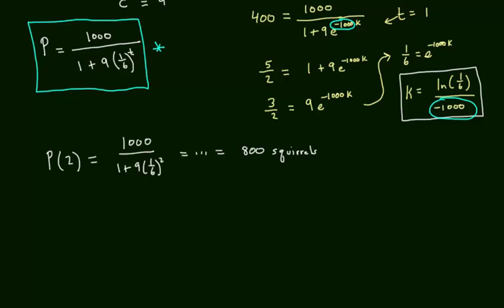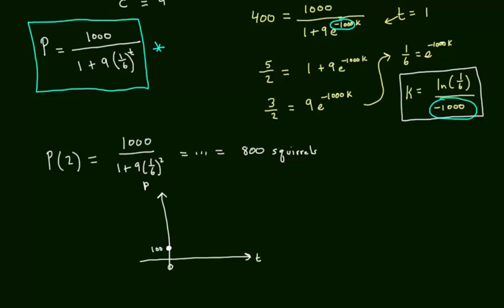Isn't that awesome? I'm going to provide a quick sketch of this. Put it all together. This is the t-axis. This is the P-axis. We started 2 years ago. That's t equals 0, but 2 years ago we started with 100. So that was, let's say here, 100.